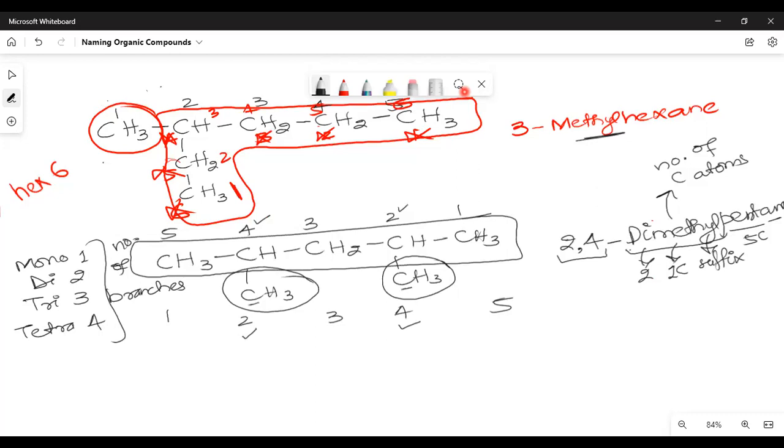Great. So this kind of naming is something you need to be familiar with. However, you do not need to understand this naming completely in order to be able to do it. Actually, Edexcel draws a boundary line over here. You should be able to understand this naming, even if you don't know how to name it, that's fine, because you won't be asked to name substances like these in exams.